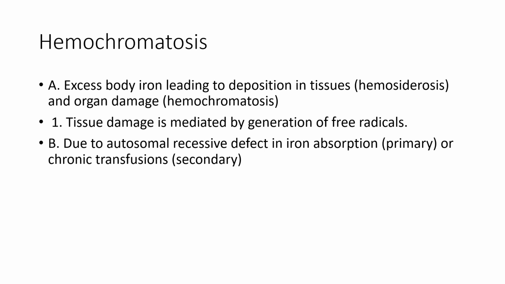As we all know, iron is very toxic to our body, and free iron can cause production of reactive oxygen species by the Fenton reaction. Hemochromatosis is an autosomal recessive defect in iron absorption, primary, or due to transfusion, secondary.